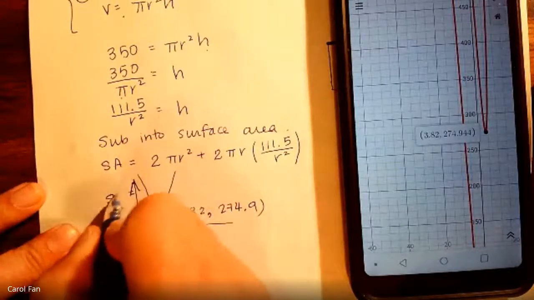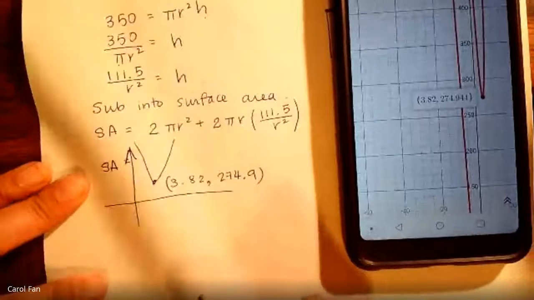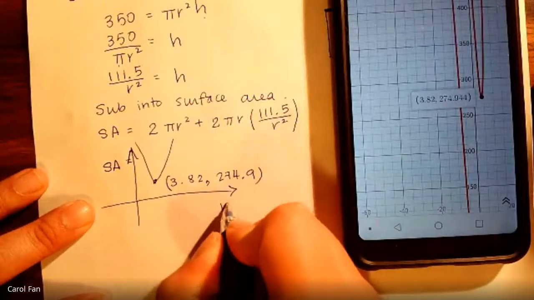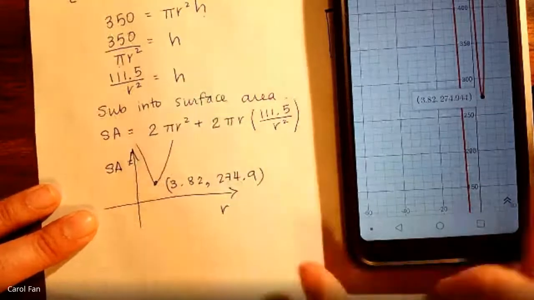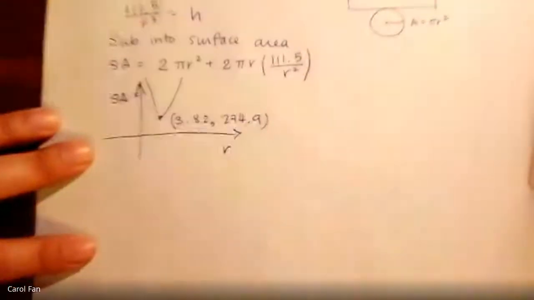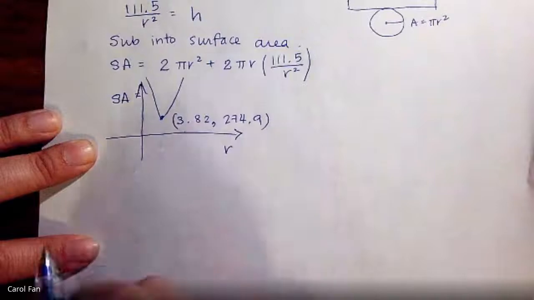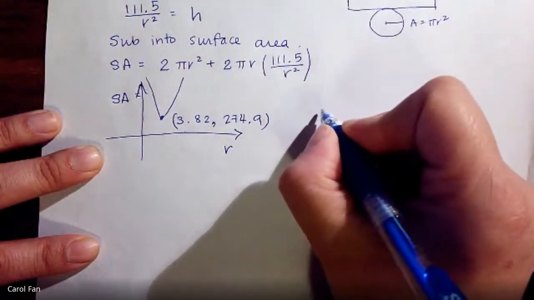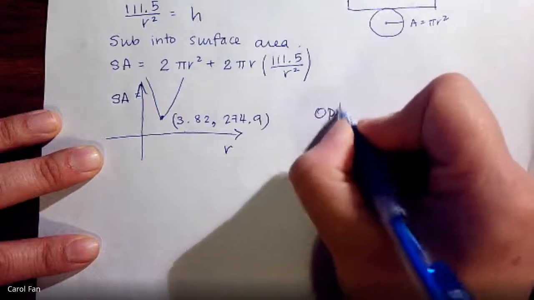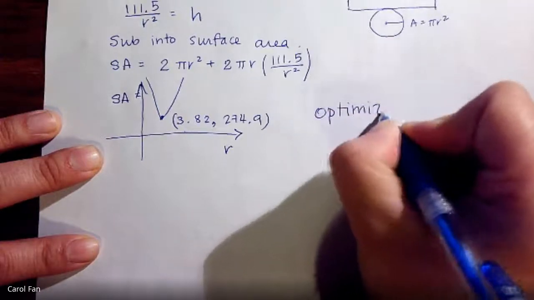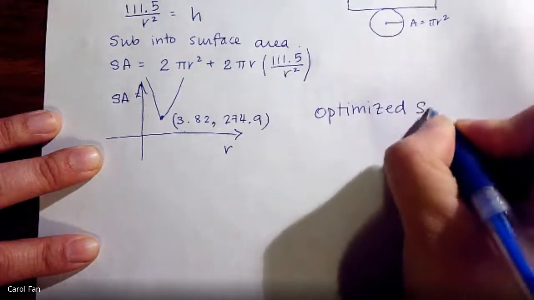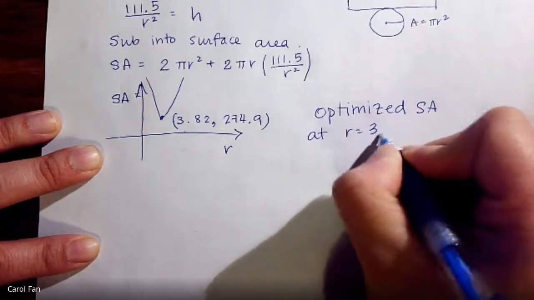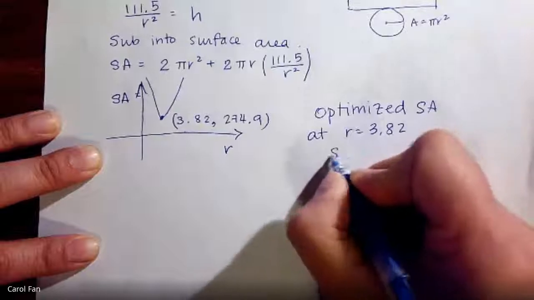I know that my y value is surface area, and my x-axis is my radius. So it tells us this can will be optimized when my radius is 3.82 centimeters. So optimized surface area at radius is equal to 3.82.